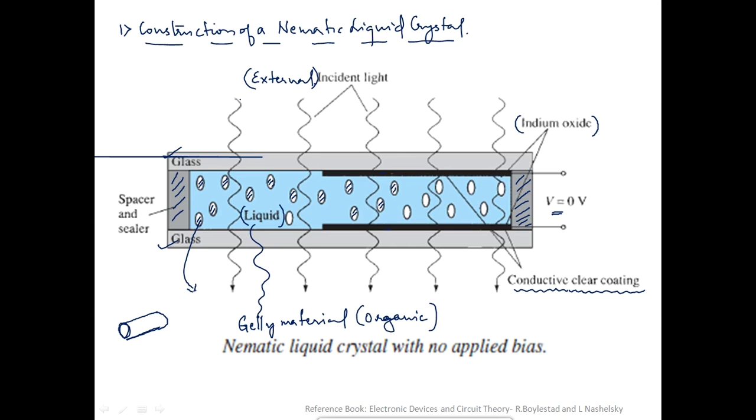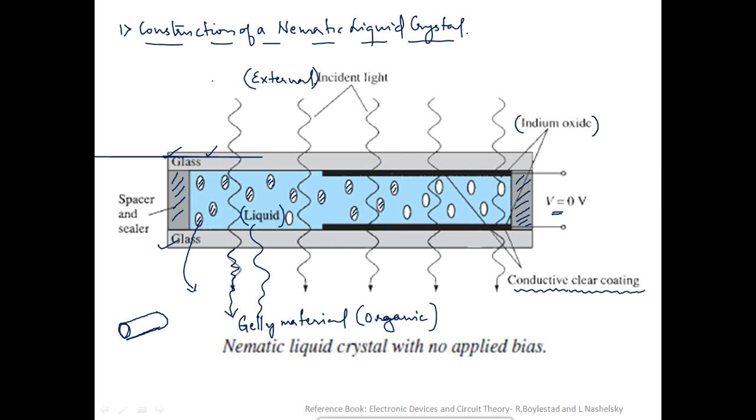Whenever any external light is made to fall on this structure, the glass is transparent, so the light just crosses it. Then the jelly material is also almost translucent, so light will very easily pass through it, and then it falls on the bottom glass material. There is absolutely no blockage in the light.